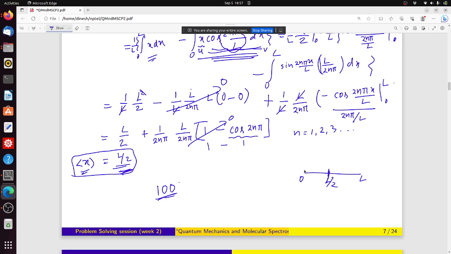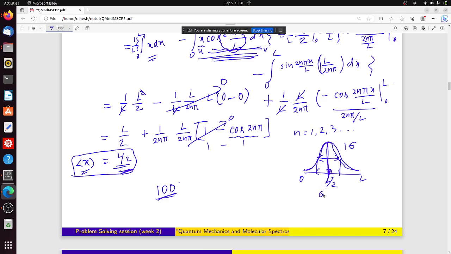So this distribution is like a bell curve actually. If you say this is the distribution of probability, you see most of the time you will find the particle in the middle. If you are searching in some region from here to here, in statistical mechanics we call this the 1 sigma region.